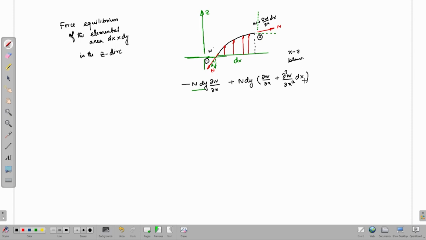The other part of the force from the yz plane can be written as minus N dx.